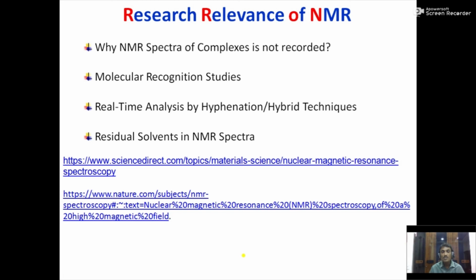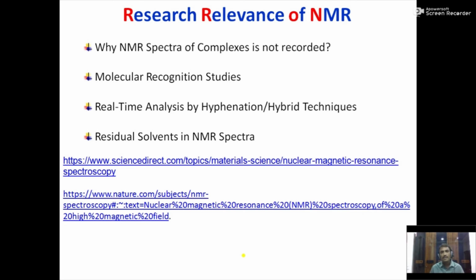We have to focus on the residual solvents in the NMR spectrum. Suppose you have prepared your compound in DMF. In your NMR spectra, which you have recorded in DMSO, the residual peak of DMF may be left. One research paper is there on residual solvent peaks.